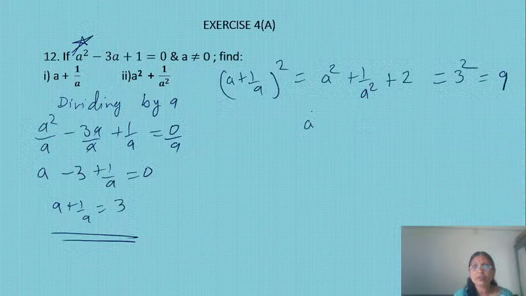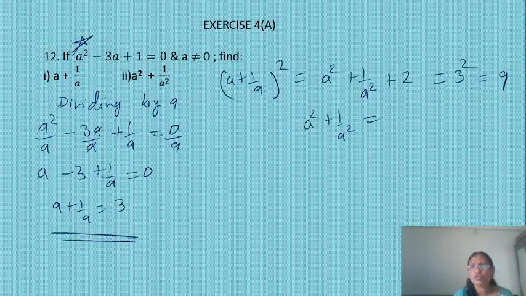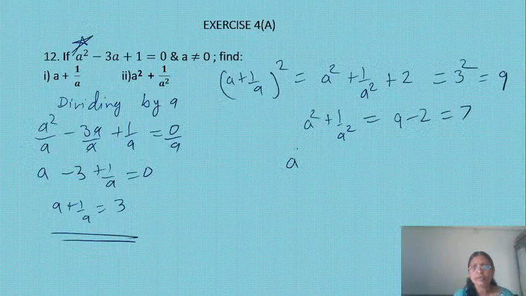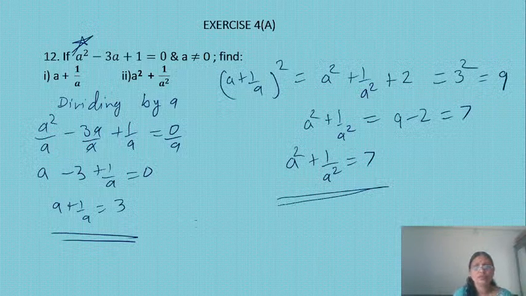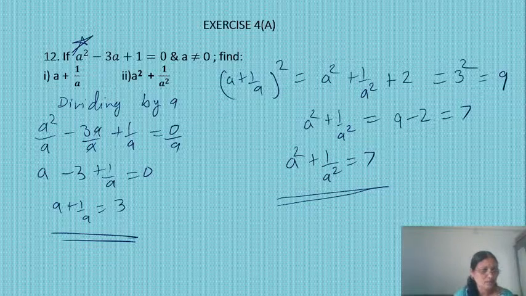So we get a square plus 1 upon a square is equal to, this 2 goes here, 9 minus 2, which is 7. So this is how you get a square plus 1 upon a square is equal to 7. This is a very easy question. Just squaring that, you get a square plus 1 upon a square. Got it?